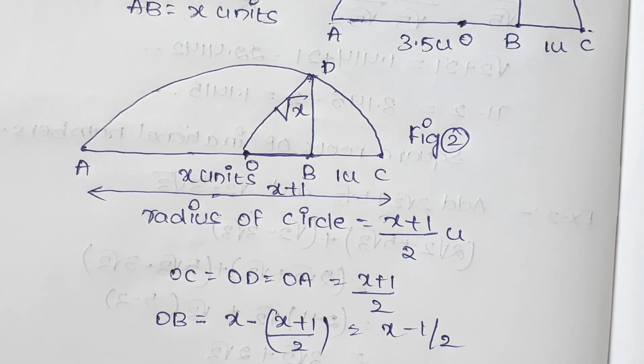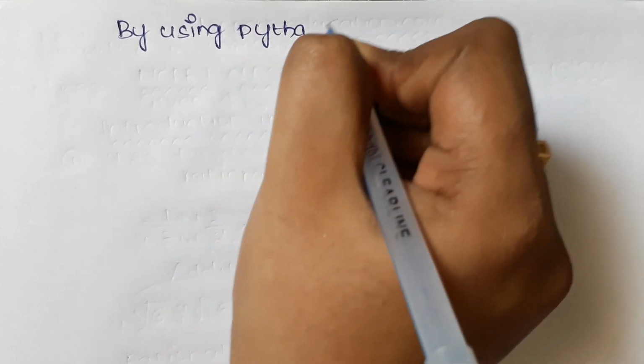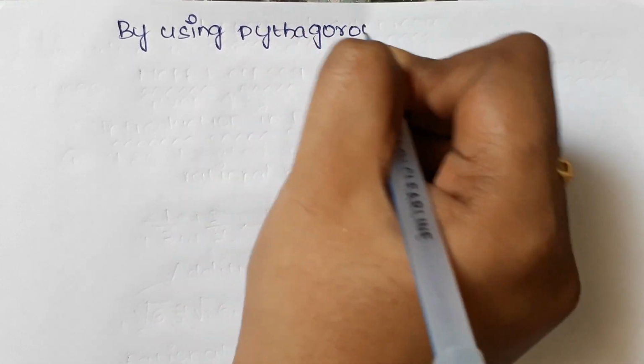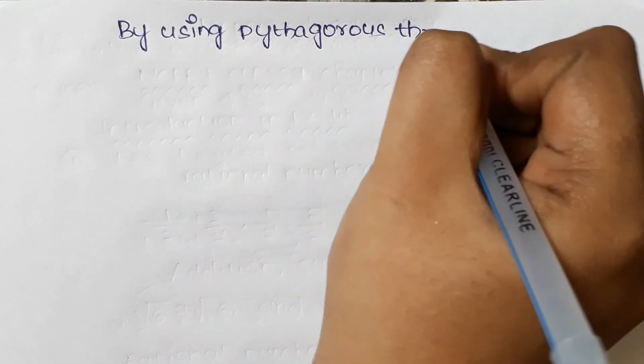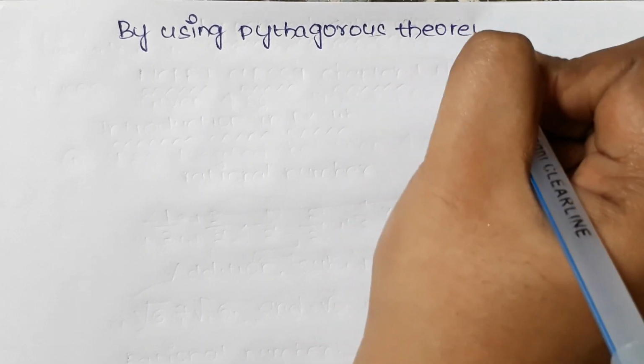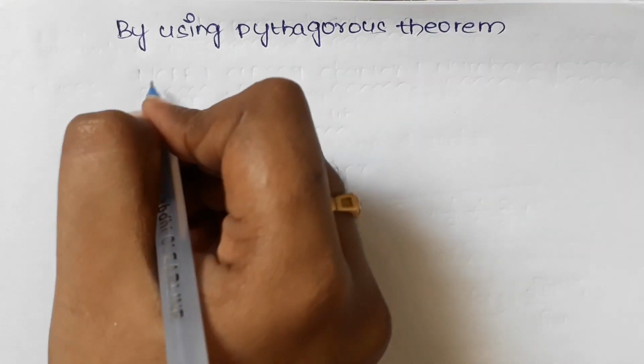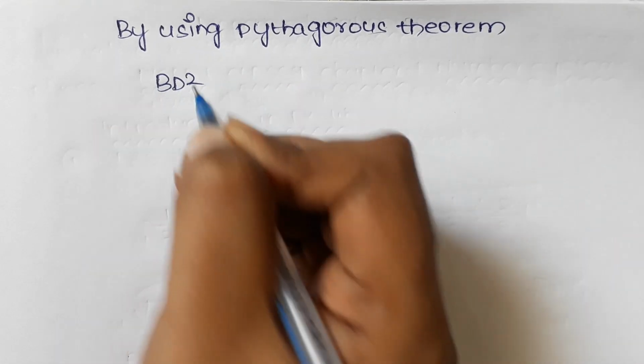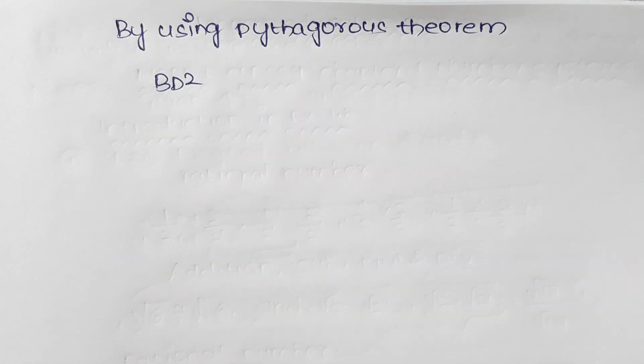From this, by using Pythagoras theorem, now BD square, that is from the figure, BD is the perpendicular line to AC.